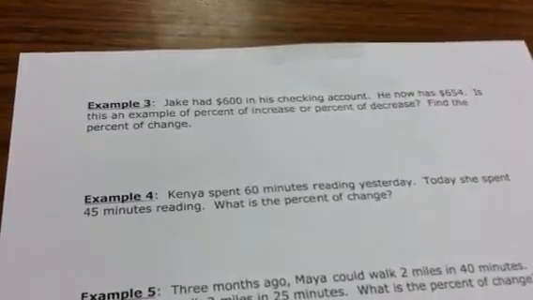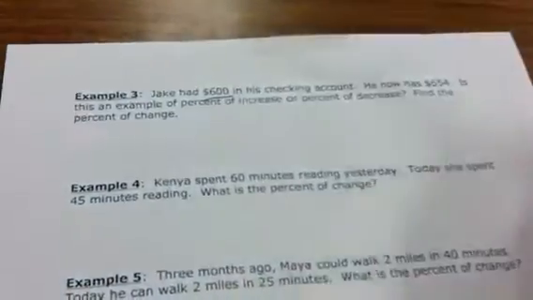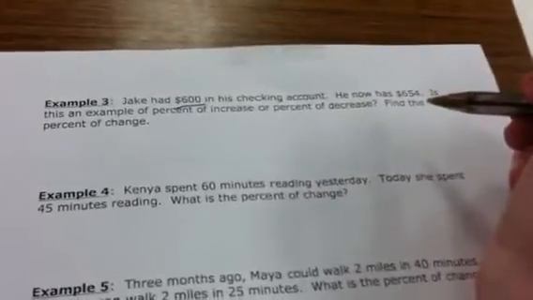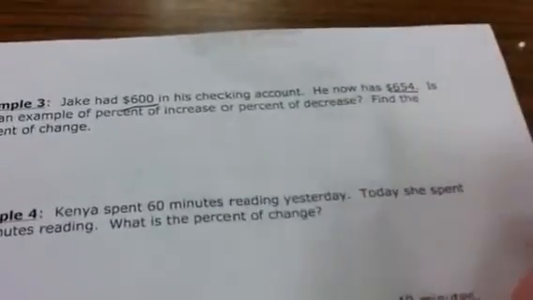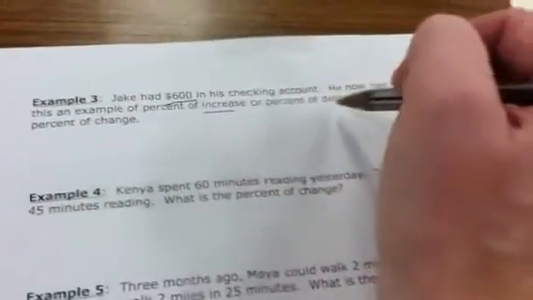Okay, last and final example is number 3. Jake had $600 in his checking account. So that's how much he started with, $600. He now has $654. Is this an example of percent of increase or decrease?